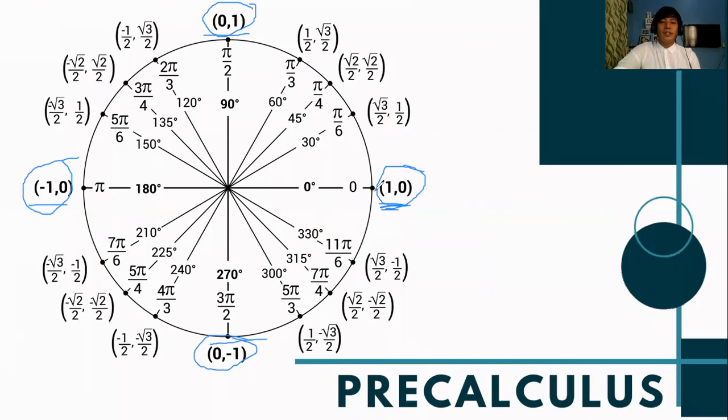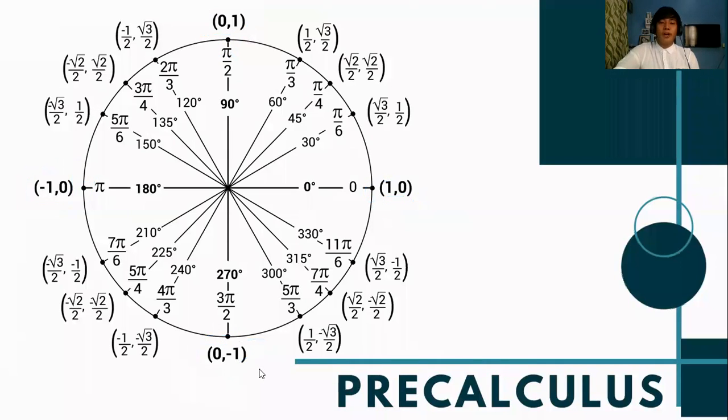Of course, if the trigonometric point is located on the positive x-axis, it will be (1, 0). On the positive y-axis, it will be (0, 1). On the negative x-axis, it is (negative 1, 0). And on the negative y-axis, it is (0, negative 1). So we have no questions about the quadrantal points.